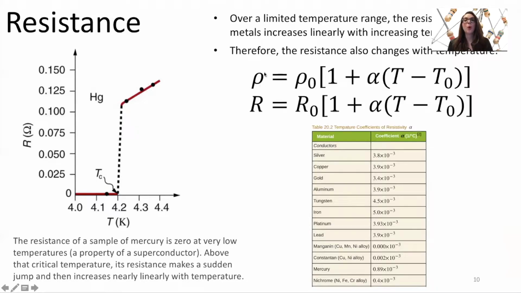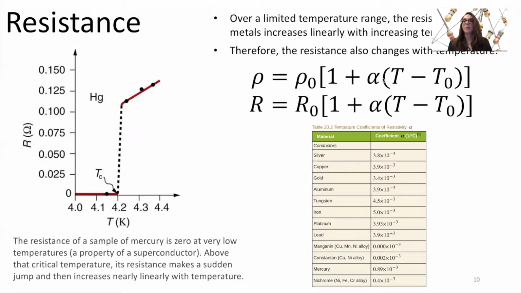Okay, so rho here is representing our resistivity. The sub O here, or sub-zero, represents our resistivity here, or our resistance here, at some reference temperature. Often this reference temperature is going to be 20 degrees Celsius. The same thing with the temperature here. T sub O, or T sub-zero, is our reference or baseline temperature.